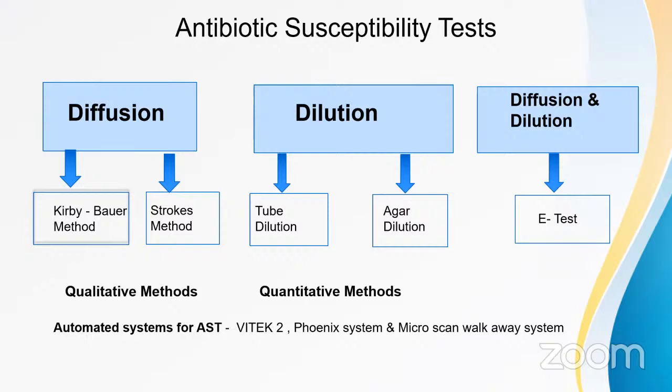Diffusion and dilution uses E-test strips, which are strips with a gradient of antibiotic concentration. We also have automated systems for AST, such as Vitek, which is widely used in India, and the Phoenix system and MicroScan WalkAway system.